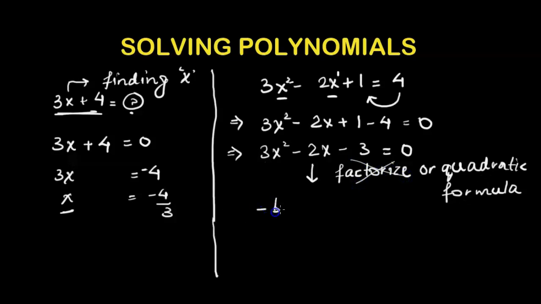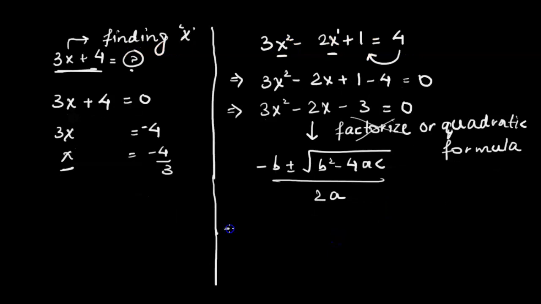We know the quadratic formula is negative b plus minus square root of b squared minus 4ac, over 2a. So what we have to do is just take the a, b, and c values and substitute them into the formula to get the value of x.